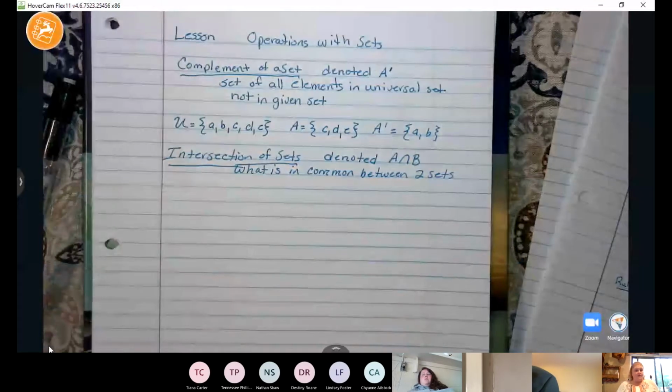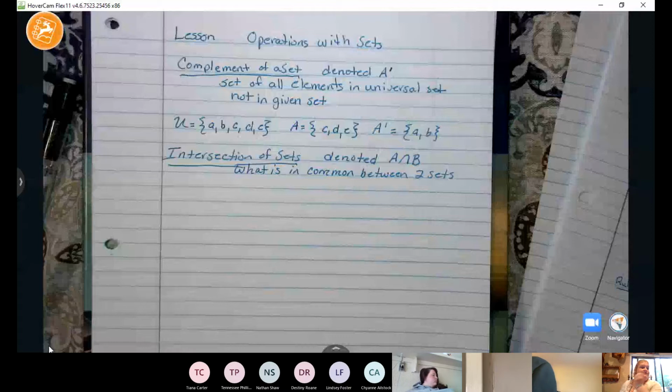So when you're looking at the intersection of two sets, you're looking at what is in common between the two sets.